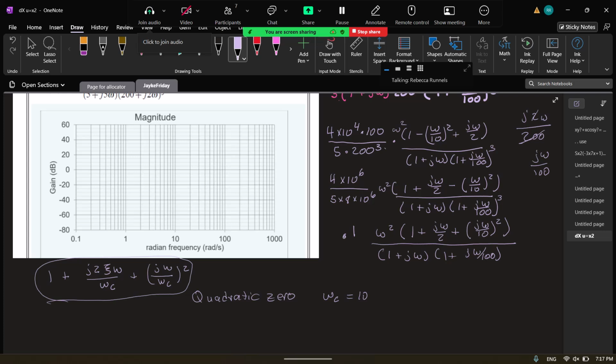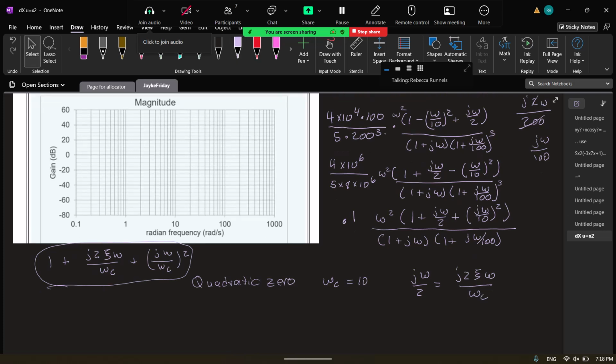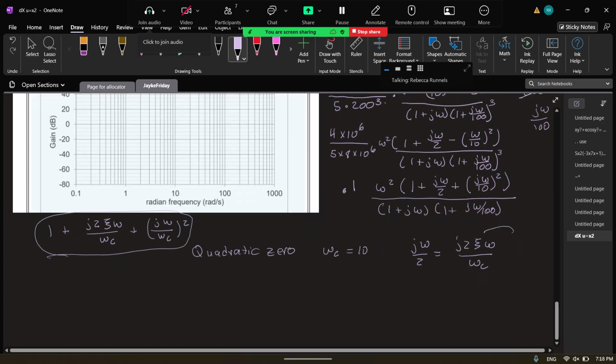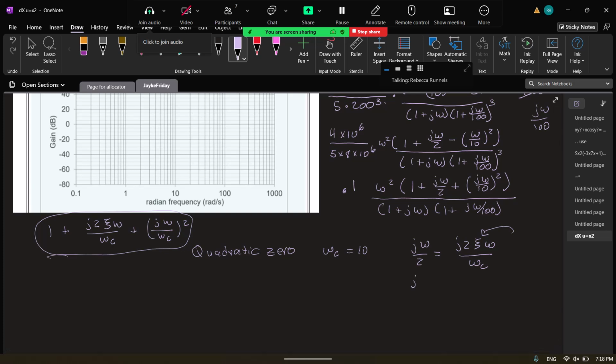Now to get my damping factor, I compare my middle term. I compare my j omega over 2 to j2 zeta omega over omega c to figure out our damping factor, which is this funny Greek letter zeta. So this is j omega over 2 equals j2 zeta omega over our corner frequency we now know is 10.